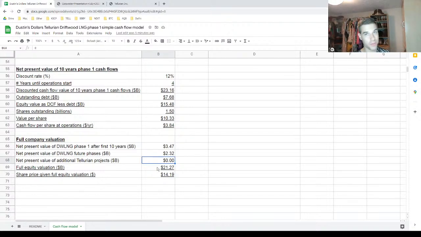But there were comments in the distant past, when things seemed close to the original track of the company, like the 2018, 2019 timeframe, where they did at least mention they were looking at yet another project that was not even Driftwood LNG. So if you think this is something the company might have in mind, or maybe news comes out and you want to throw this in here real quick, there's at least that parameter that you can put something in.